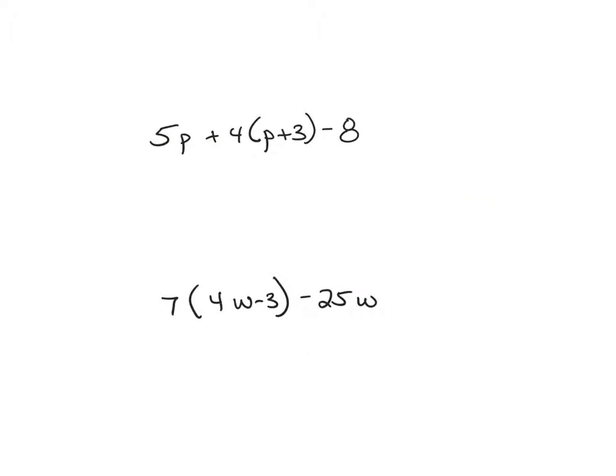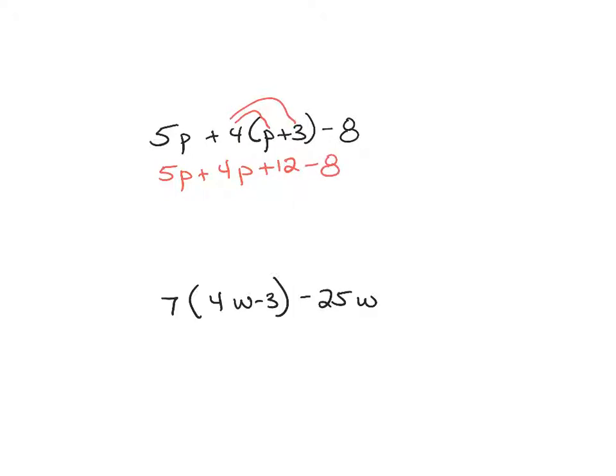At times, you may need to use the distributive property in order to combine terms. The very first one I have here, 5p plus 4, and then in parentheses p plus 3, minus 8. I can rewrite that by using the distributive property. So I'm going to have 5p plus 4p plus 12, because I have to multiply the 4 times 3, and then subtract 8.